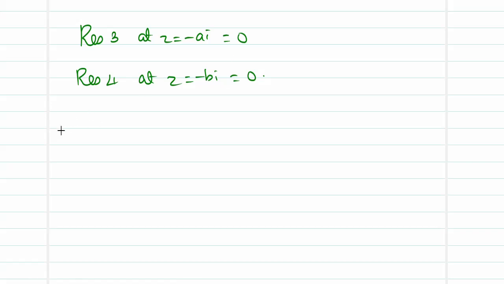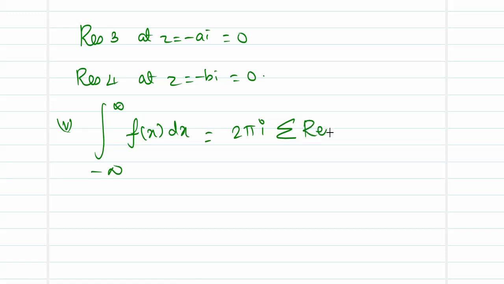So now we move on to the fifth stage, which is integral from minus infinity to infinity the function f of x dx, which is given by 2 pi i times summation of all the residues of my function f of z.